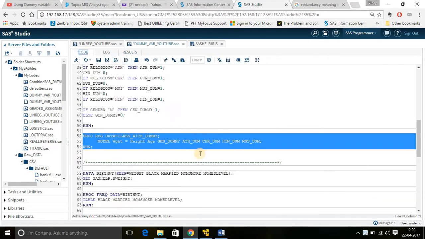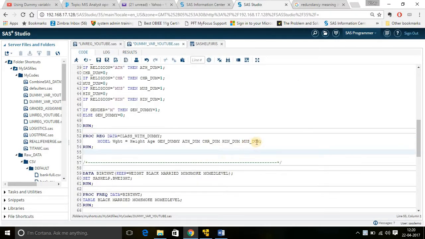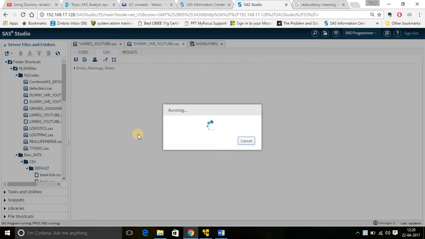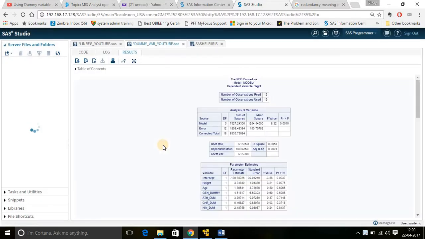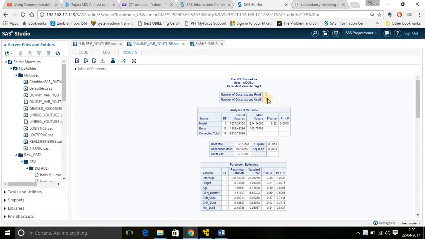So we'll drop one dummy variable. Let's say we'll drop this dummy and then run again. Now it will show us a little bit better result than before. Again, observations read 19.